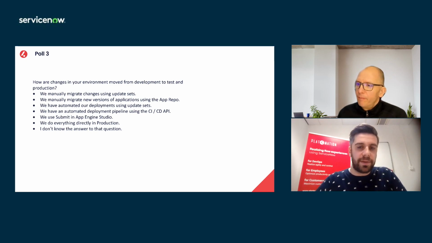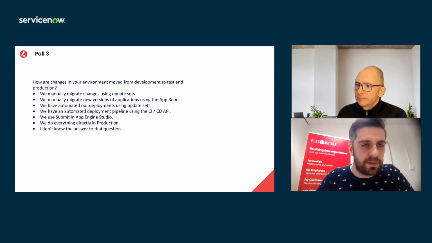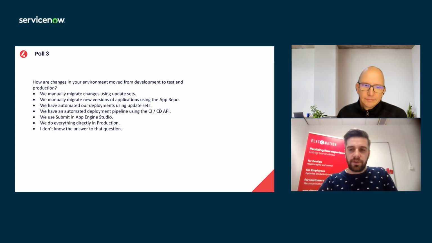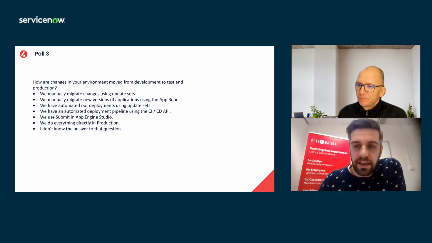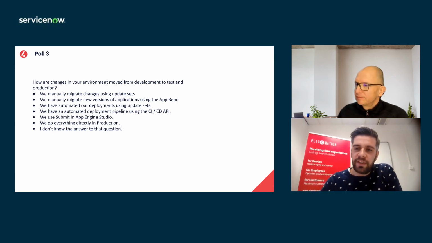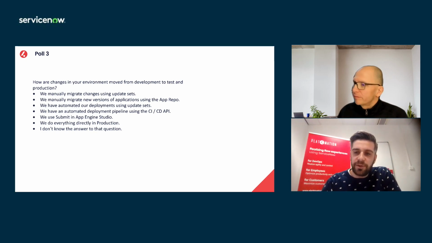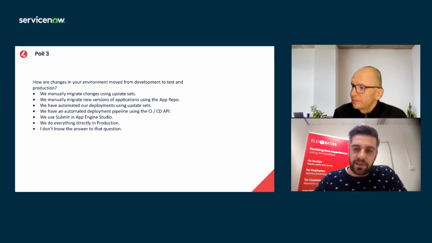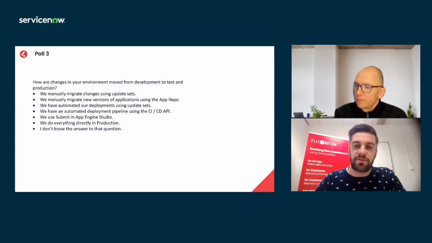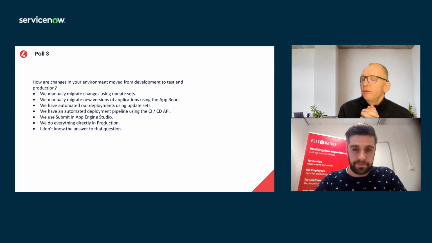And maybe as we give people the time to answer this poll, there's also a very relevant question from the audience at this moment. It is, can we use CI/CD to deploy update sets as well, where we capture the development work like catalog scripts, business rules, etc.? Yeah, so you can always create your own script, so you can tailor your process.